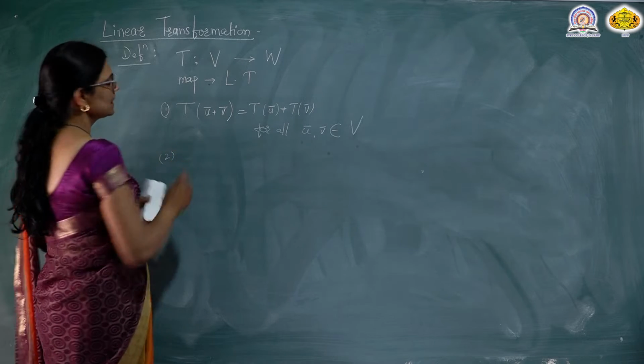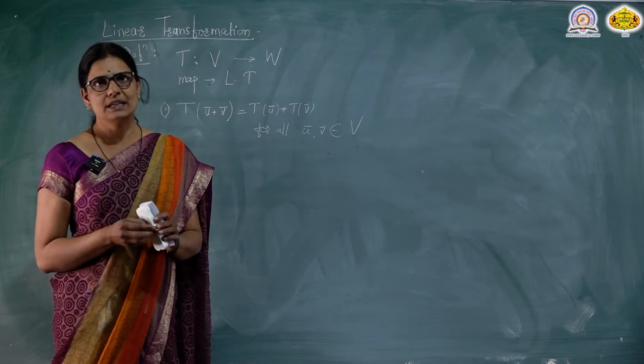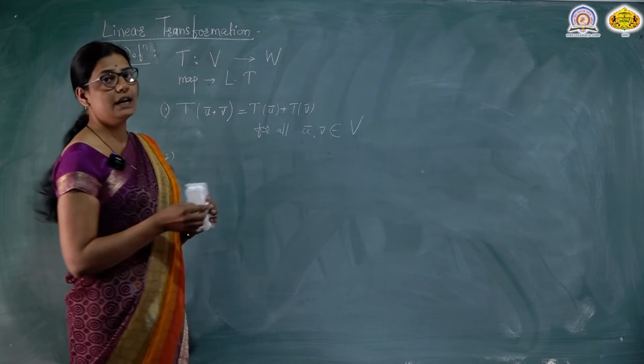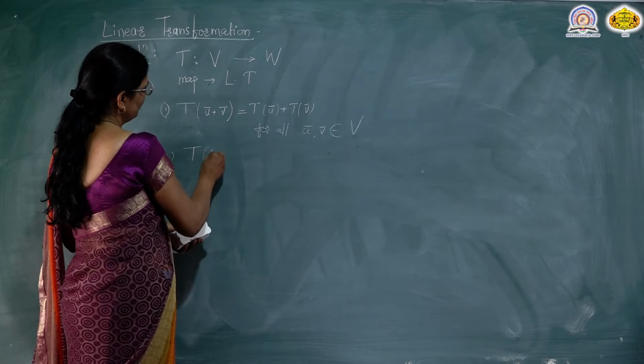And now the second property is T of ku is equals to k times Tu, where k is a scalar and u is a vector in V. So this is our second property.